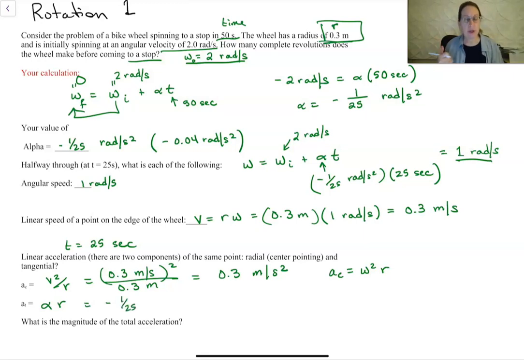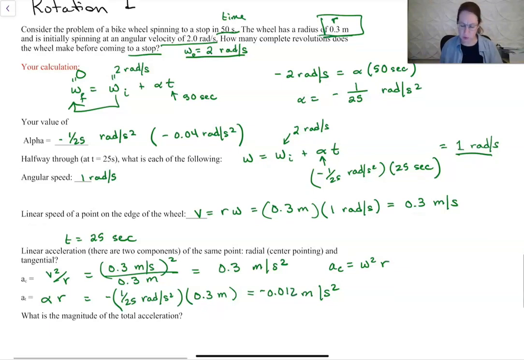Again, the minus just tells you the direction. 25 radians per second squared is our units, times the radius, 0.3 meters. So again, that's going to have meters per second squared. So that is minus 0.012 meters per second squared.